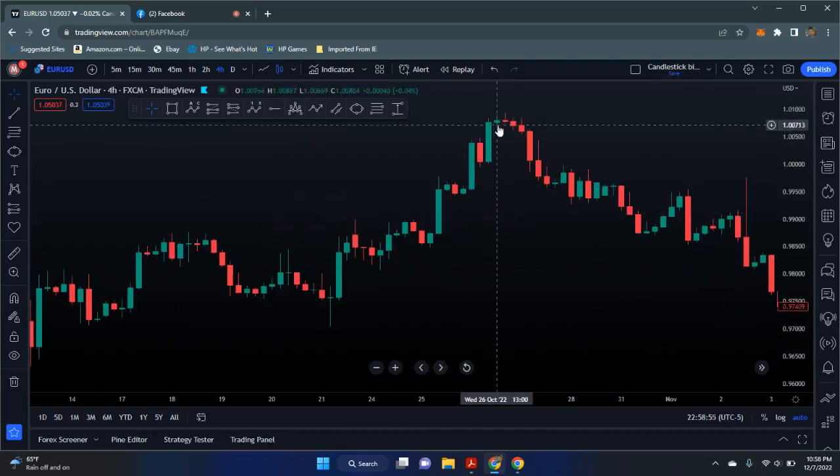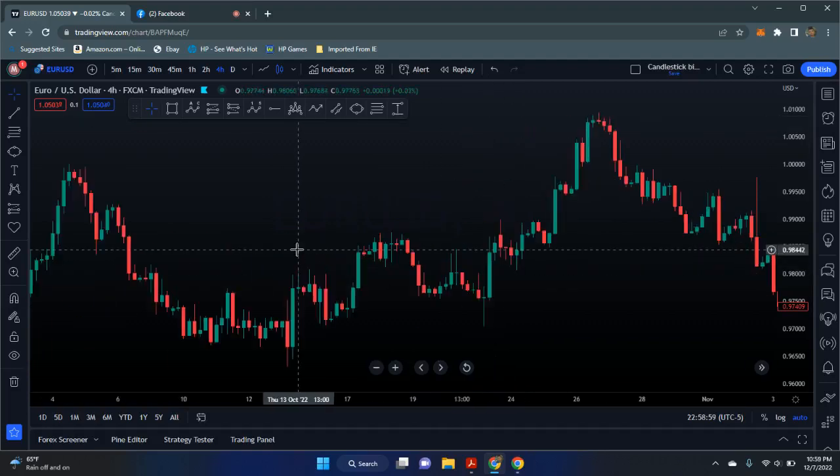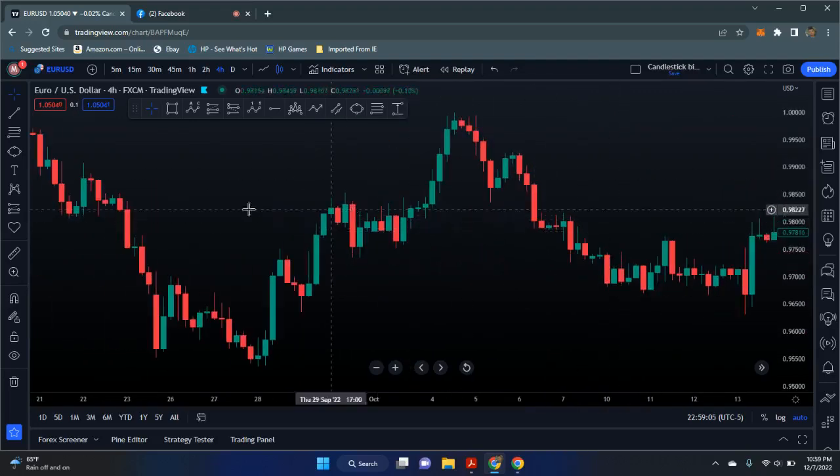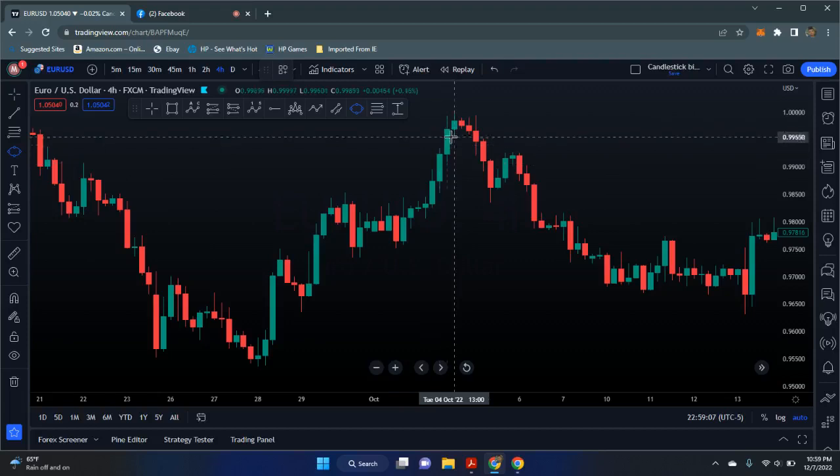Maybe on a daily time frame, this is a shooting star, but we'll take a look at it again. This has a lot of body.